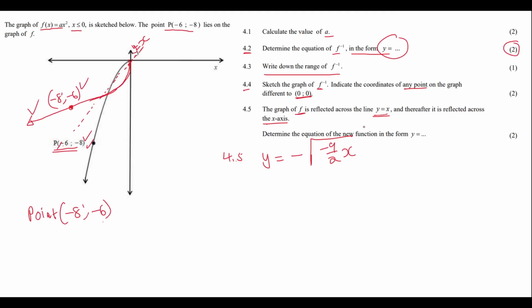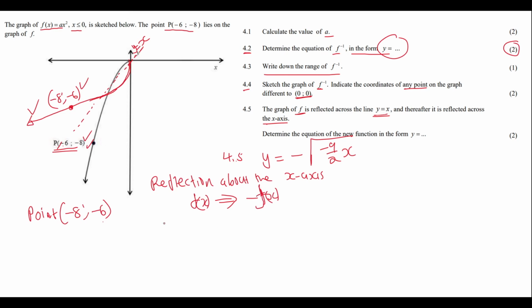Now it says this inverse function is reflected about the x-axis. Remember this. Let me remind you: reflection about the x-axis, f of x, or y, becomes negative f of x. That's reflection about the x-axis.